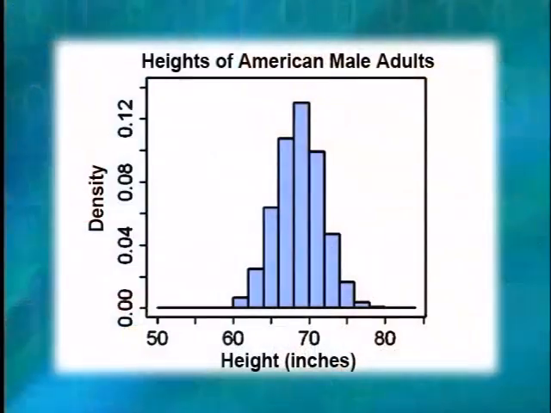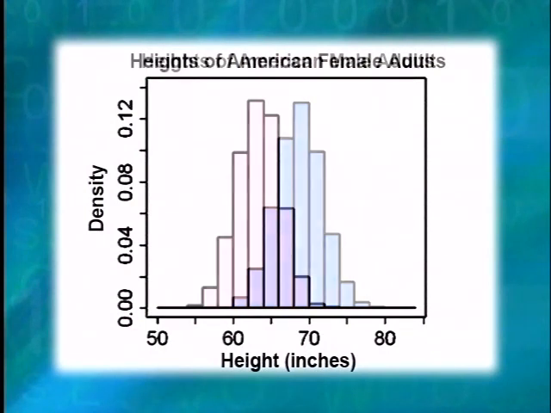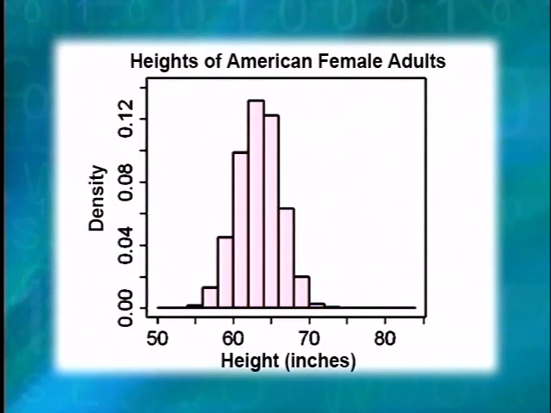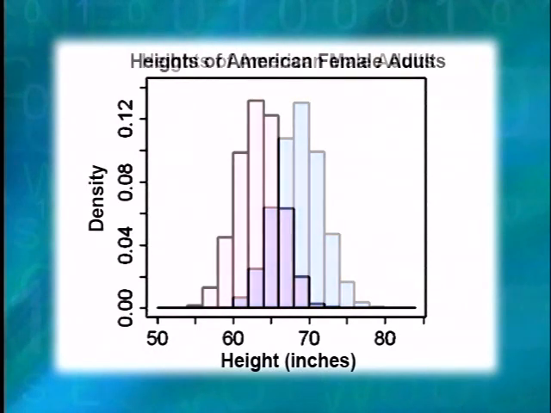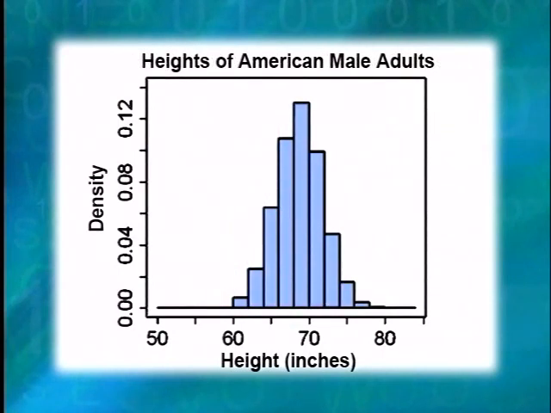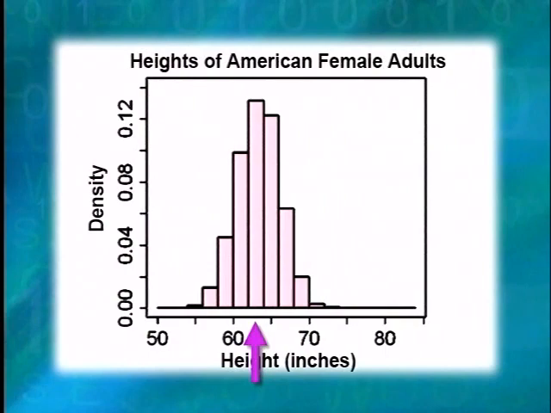For example, here are the heights of American males, and here are the heights of American females. And you can see that the difference in these two graphs, I'm flipping back and forth between them, the difference is they're basically the same shape. The difference is just where they're centered. One's centered at about 68 inches, the males, and the females are centered at about 64 inches.